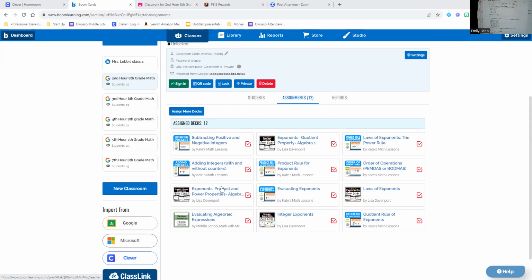You should have done the product and power properties. I think that was the most difficult one. I would definitely suggest writing things down when you're doing that one. And so those two, and then evaluating exponents and integer exponents.